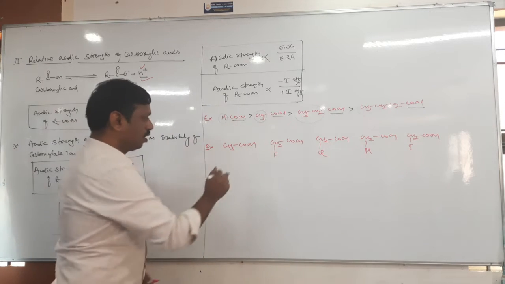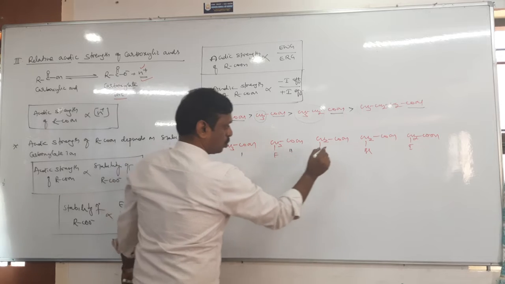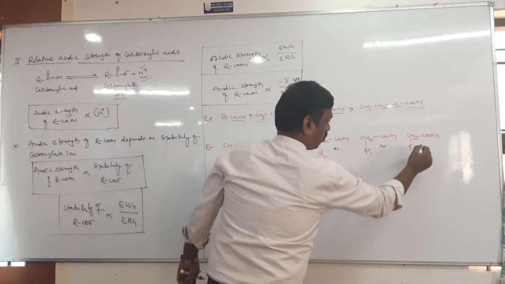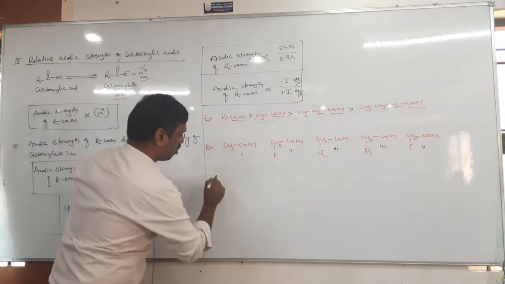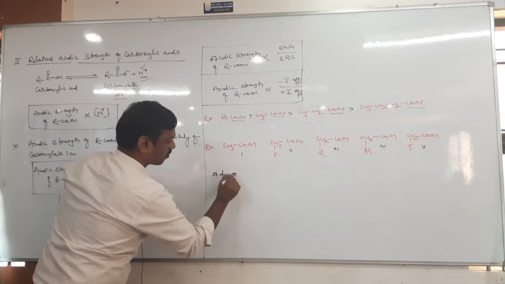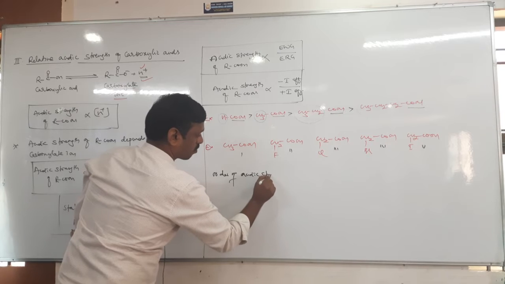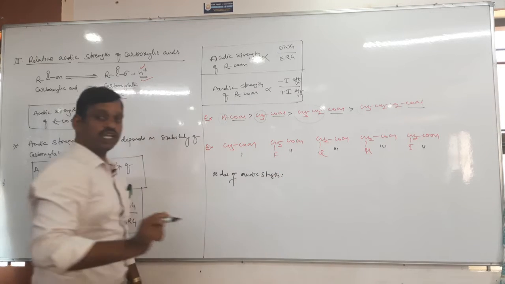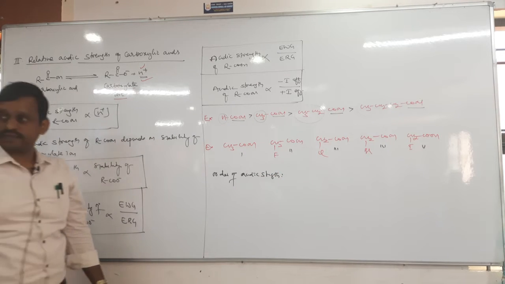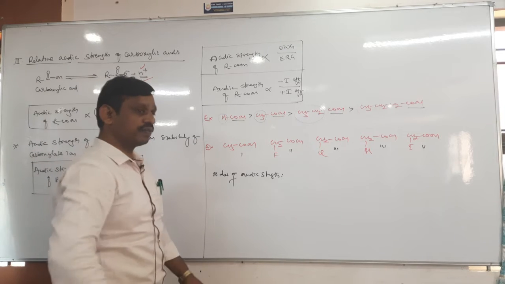Come on, tell me. It is 1, 2, 3, 4, 5. So what is the order of acidic strength? Which is more acidic? Tell me, decreasing order.